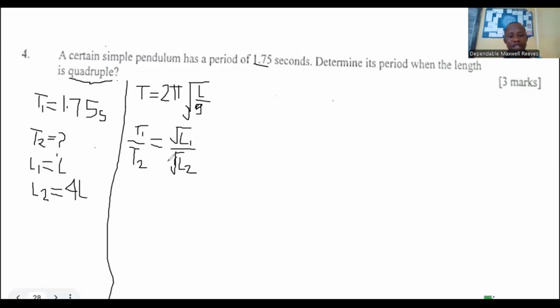Squaring both sides to eliminate the root, we'll have T1 squared divided by T2 squared to be equal to L1 divided by L2.